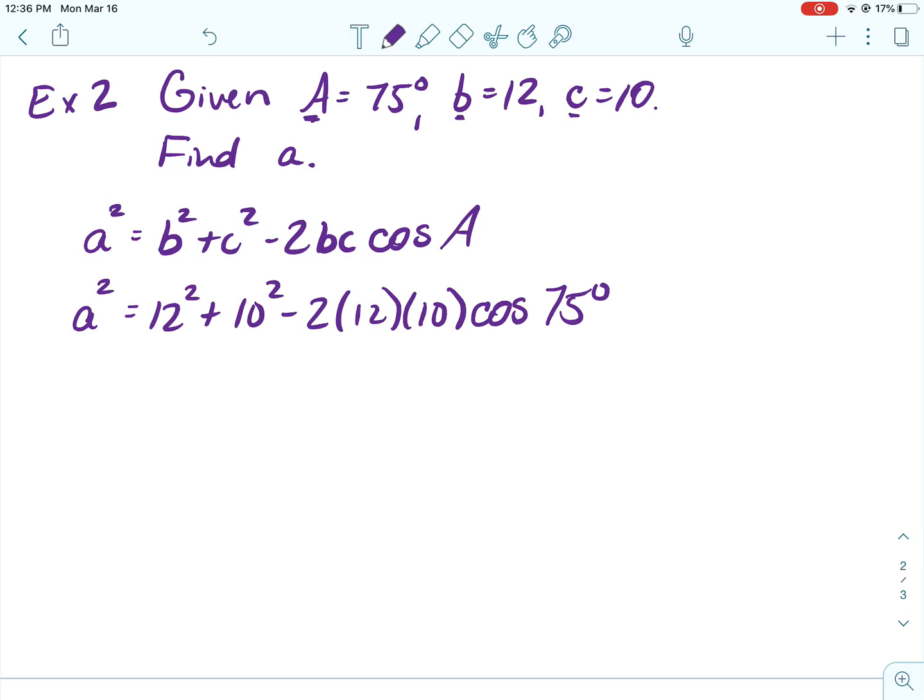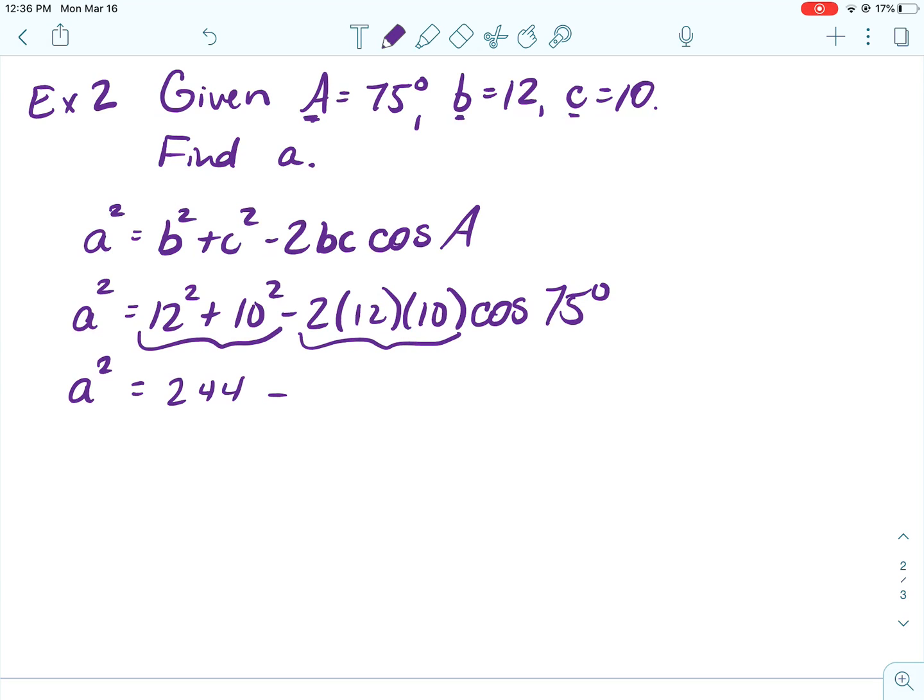Sometimes on the ACT they leave it like that, or they'll do the square root and leave it under the square root. I'm going to do a little more, because I think on our challenge exam they'll want you to do a little bit more than that.